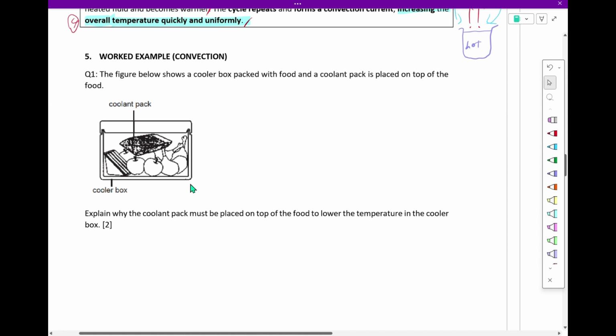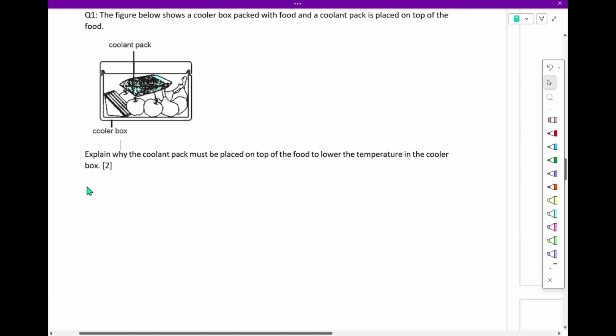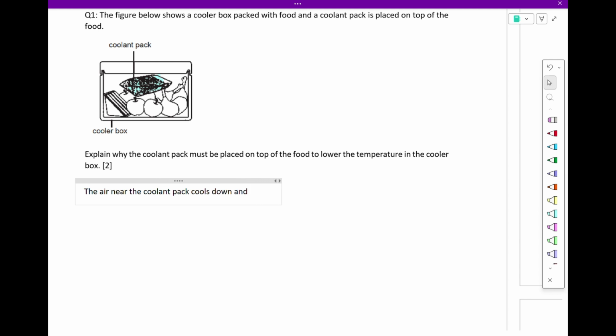Now, if I have a coolant pack which is cold, so this fella here is cold, and I place it on top. Why must it be placed on top to cool it down? Because number one, the air near the coolant pack cools down and contracts, becoming denser.